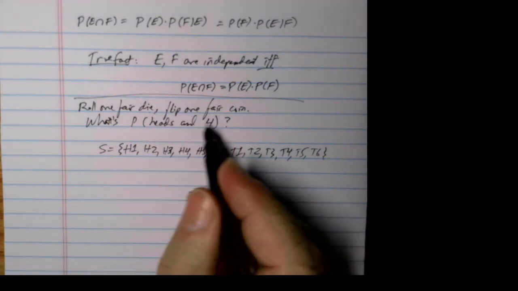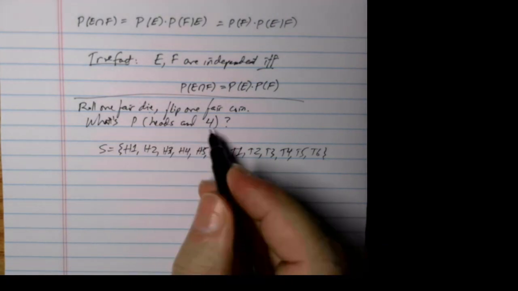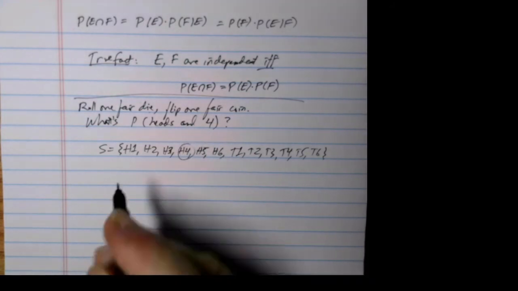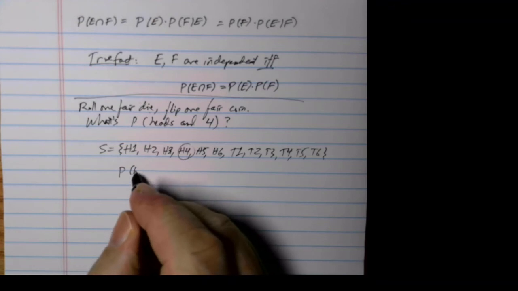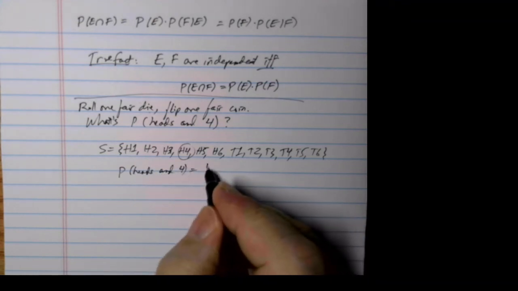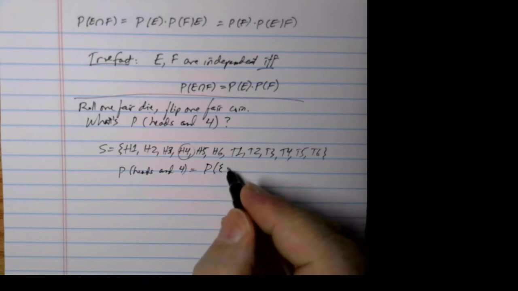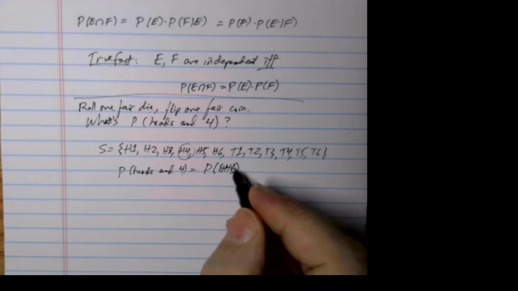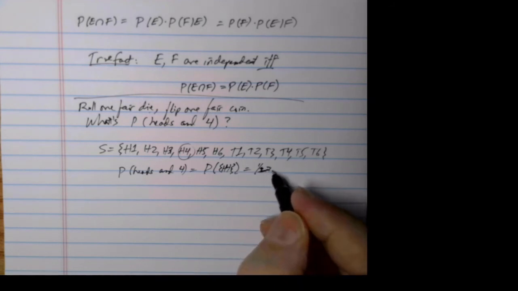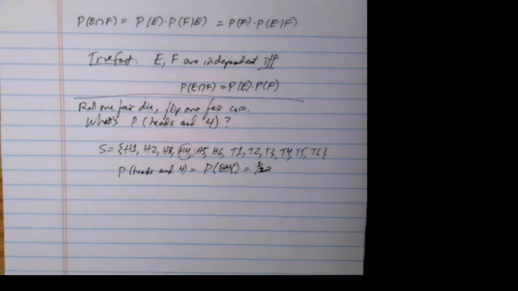The event heads and a 4, the only outcome in that event is this one right here, right? Heads and a 4. So the probability of heads and a 4 is the probability of the event containing only the outcome H4, right? And that is 1/12. These are all equally likely because the coin and the die are both fair. So that is the simplest and most straightforward way to do this.